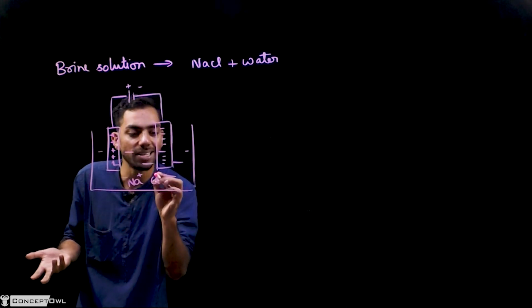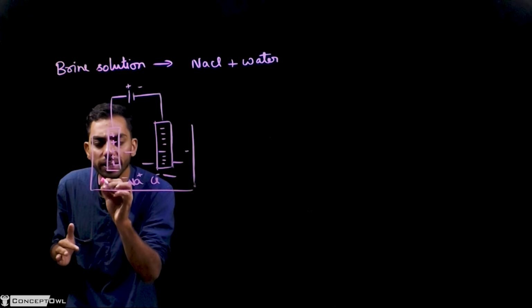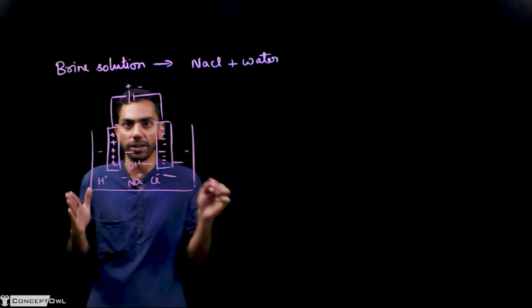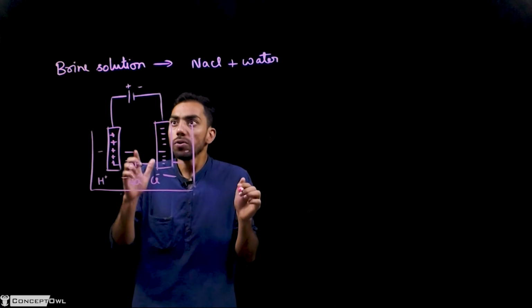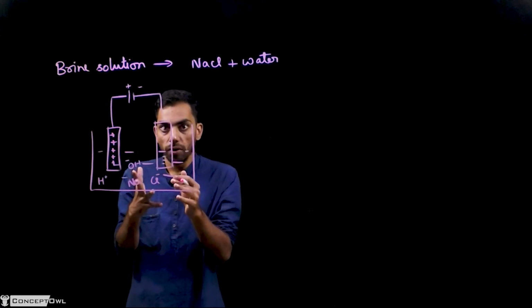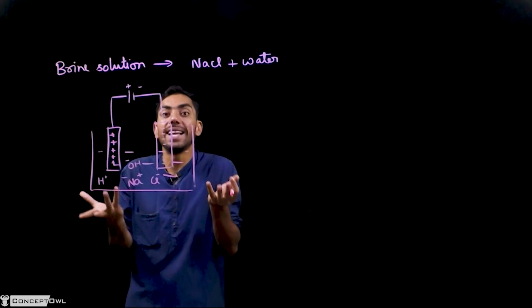So Na+ ion, Cl- ion. And what else? H2O can be in the form of H+ and OH- ion. Is this clear?